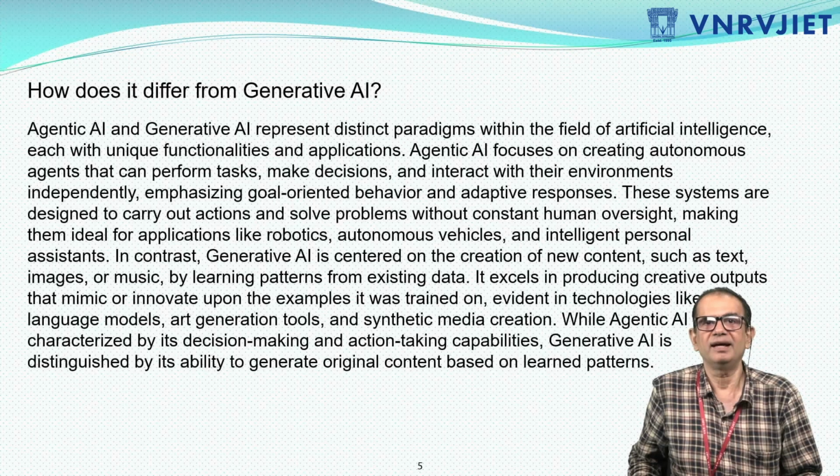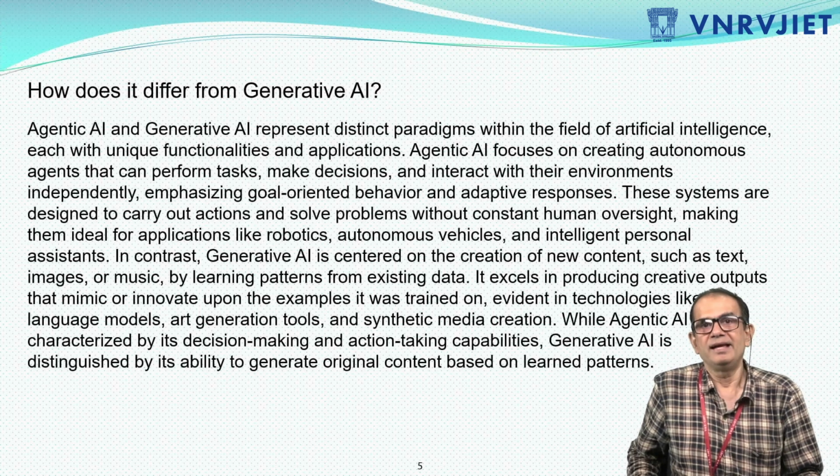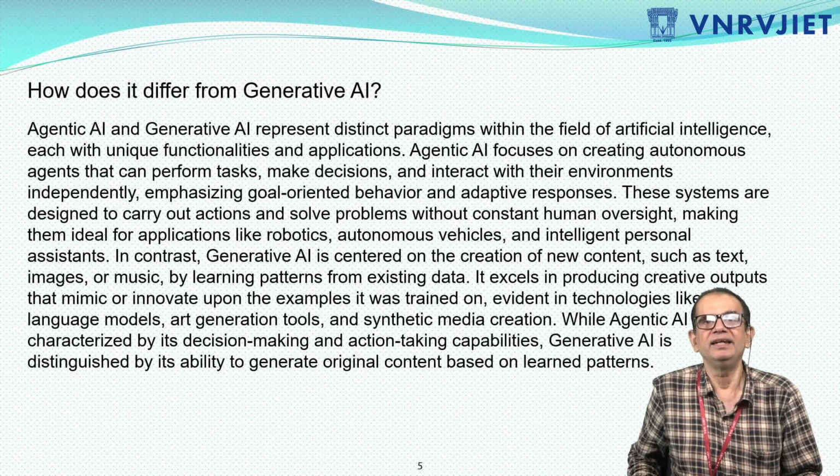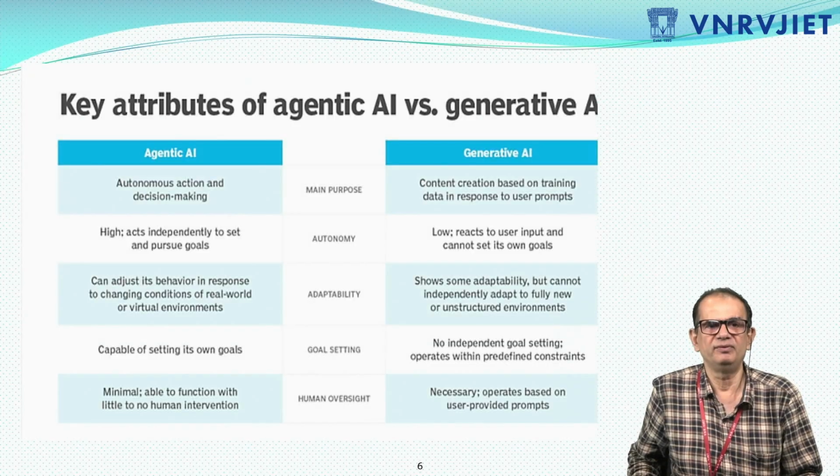If a particular error has happened, then the agentic AI program would take this, execute it, and rectify the problem. As soon as the problem is identified, the agentic AI program would aim towards rectifying the issue and then inform the user. So this is the difference between the two.